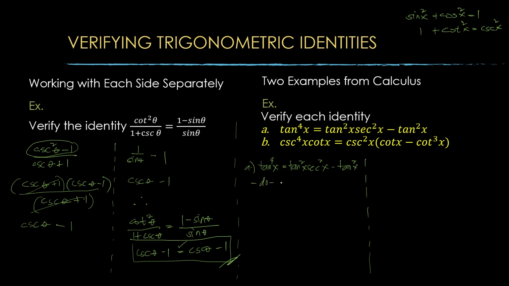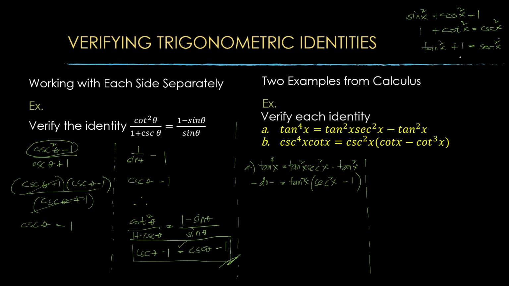I'll write this one as though, meaning it's the same. I can factor out tangent of x squared in here, multiplied by the secant of x squared minus 1. Eto na naman. So we have secant squared minus 1. From our Pythagorean identity, if we divide by cosine squared, I have tangent of x squared plus 1 equal to 1 over cosine squared, that is secant of x squared.